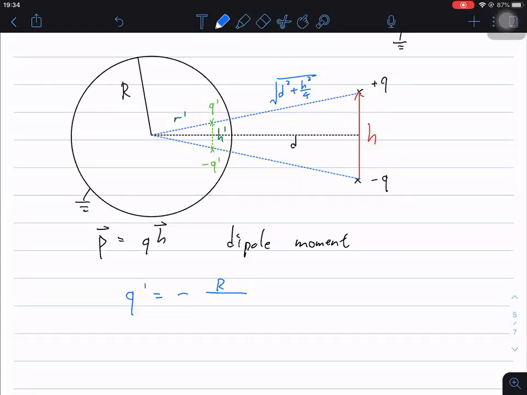Since we are now dealing with two charges separated by the distance h, the distance between plus Q and the center of the sphere is not exactly d. By using the Pythagorean theorem, it is the square root of d squared plus h squared over 4.